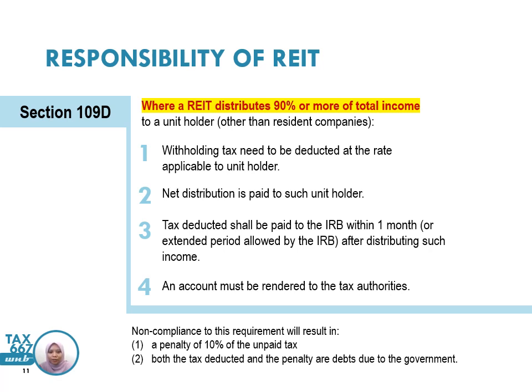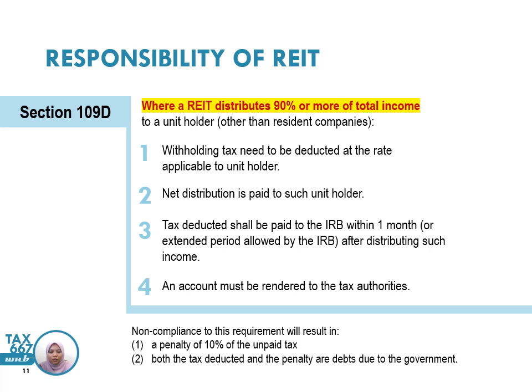First, tanggungjawab dia kena withhold tax, kena wajib tolak ataupun wajib ambil withholding tax at the rate applicable to unit holders. Tadi tu kita tengok kan, 10% of unit holders punya income lah, ambil 10%. Kecuali kalau unit holders tu adalah resident company.